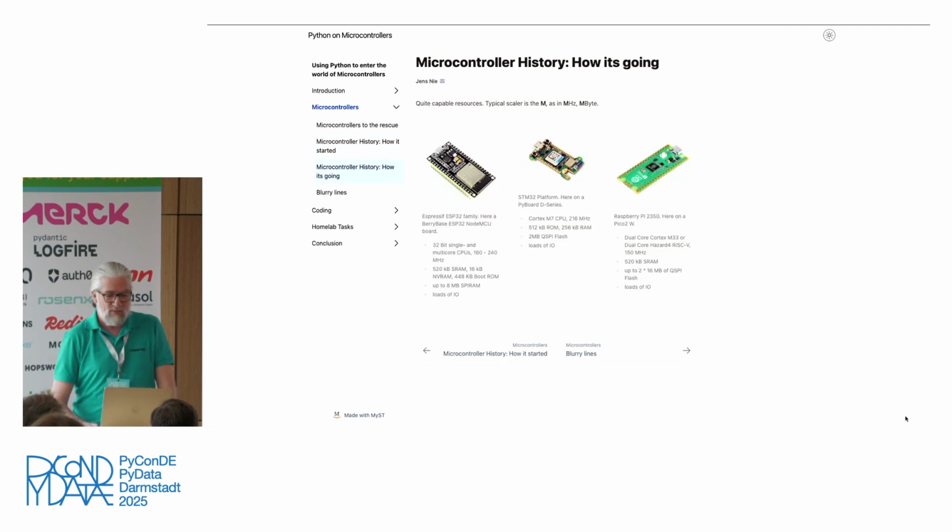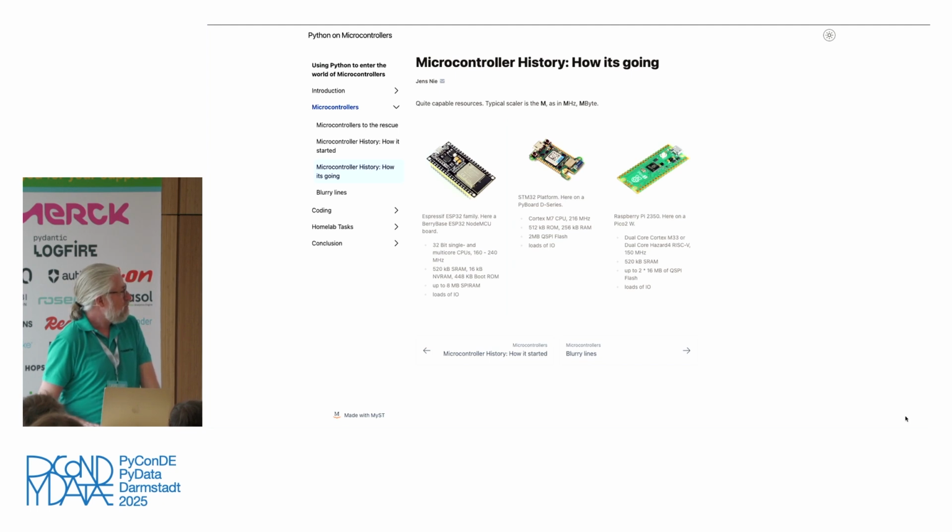And today, we have quite powerful platforms, so quite capable resources. The typical scaler to use compared to beforehand, which was the K for kilobytes or kilohertz, is now the M for megahertz and megabyte. And we have some examples here.